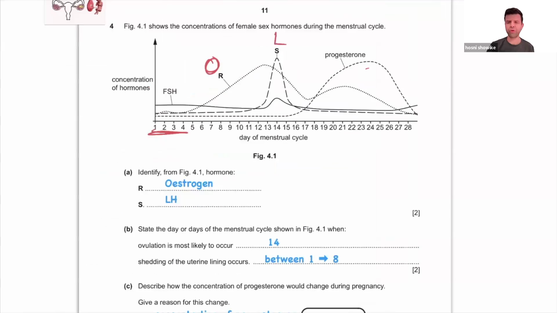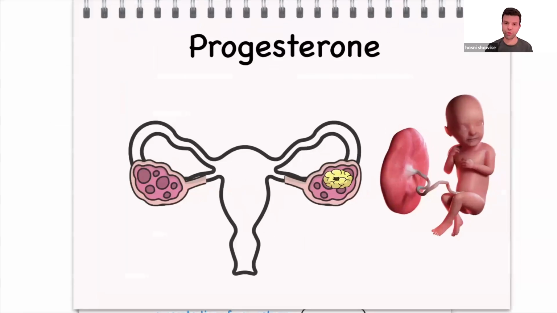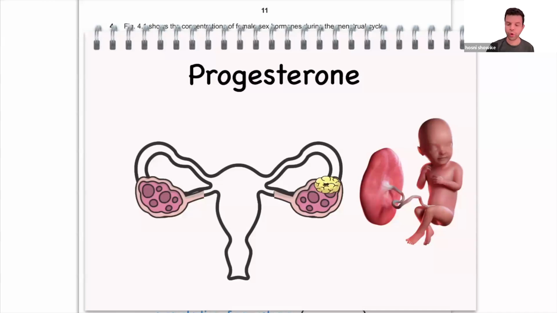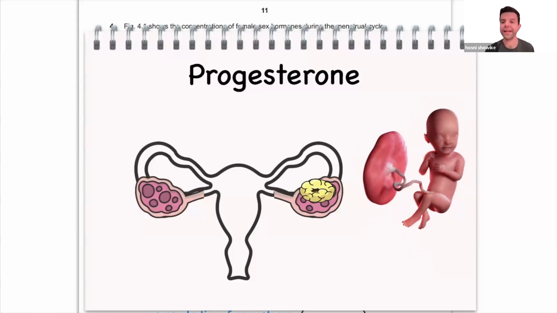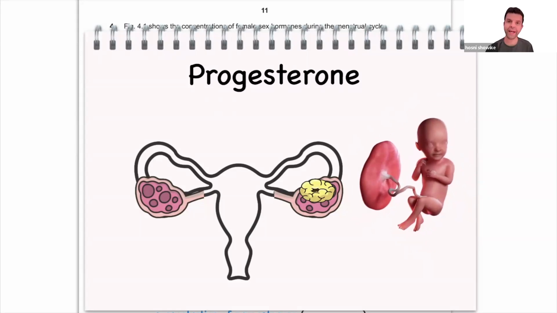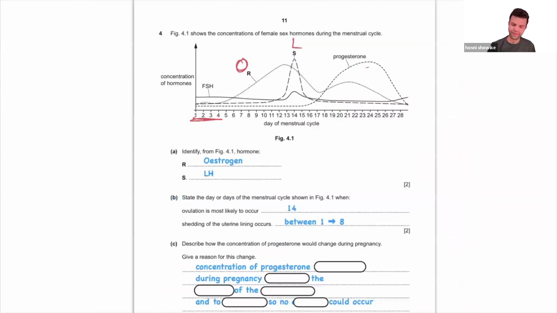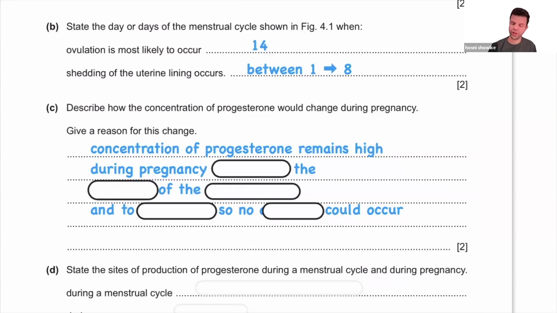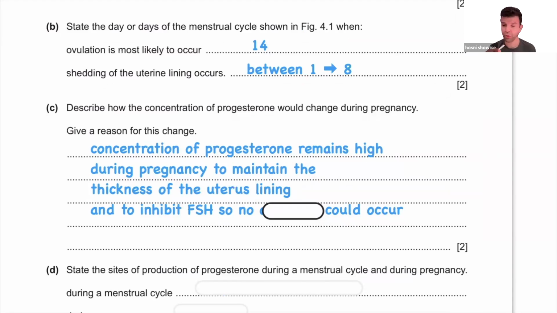But who's going to make progesterone? Usually, progesterone comes from two sources. It could come from the yellow body or corpus luteum in the ovary, that's during the menstrual cycle. Plus, during pregnancy, it's the placenta that makes progesterone. And so here, I'm going to say concentration should stay high during pregnancy to maintain the thickness of the uterus lining. And it's also important because progesterone blocks or inhibits both hormones that come from the pituitary.